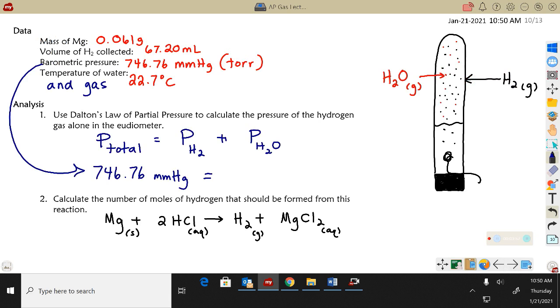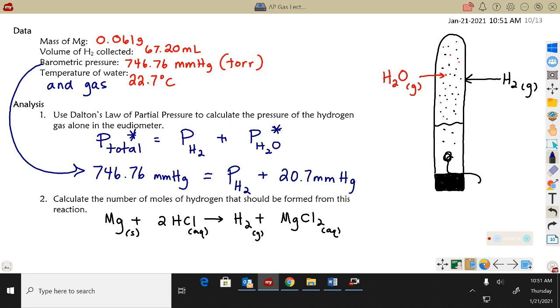But again, this is probably something that would be given to you along with the total pressure. These are kind of considered constants. So I've got the hydrogen, that's what I'm looking for, and then I'm going to take that 20.7 millimeters of mercury. They would probably give me this guy and this guy. And then I'm solving for the hydrogen.